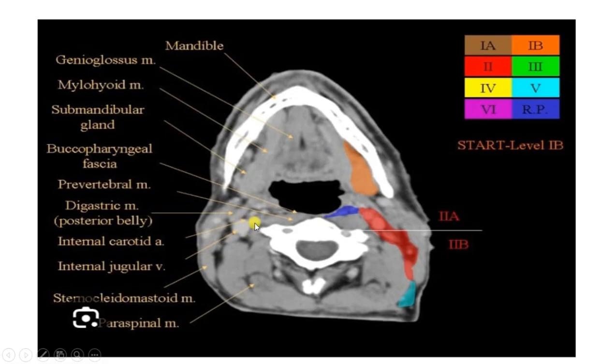This is the internal carotid artery, around the carotid sheath. Anterior to this carotid sheath, this is level 2A lymph nodes, and posterior to the carotid sheath, level 2B lymph nodes.